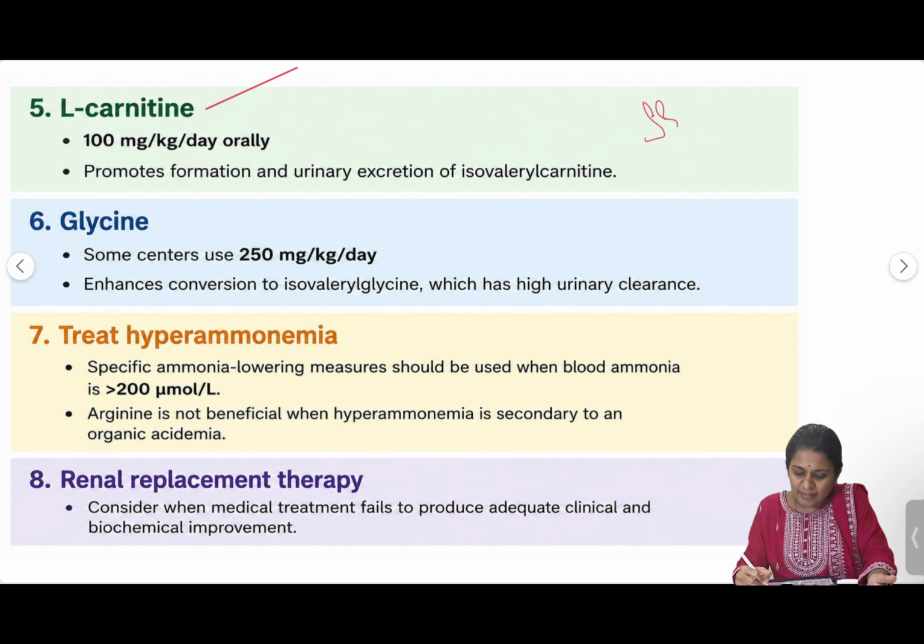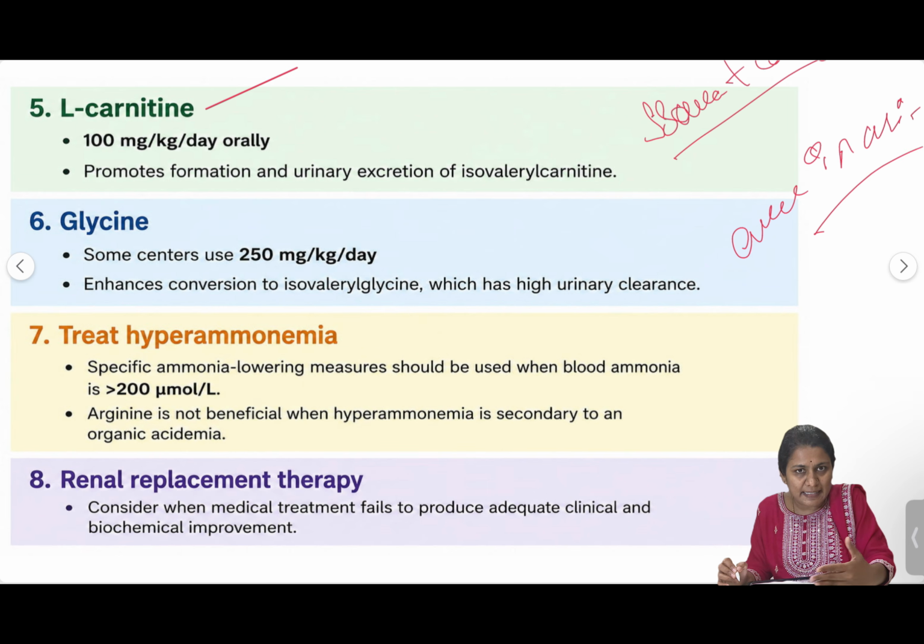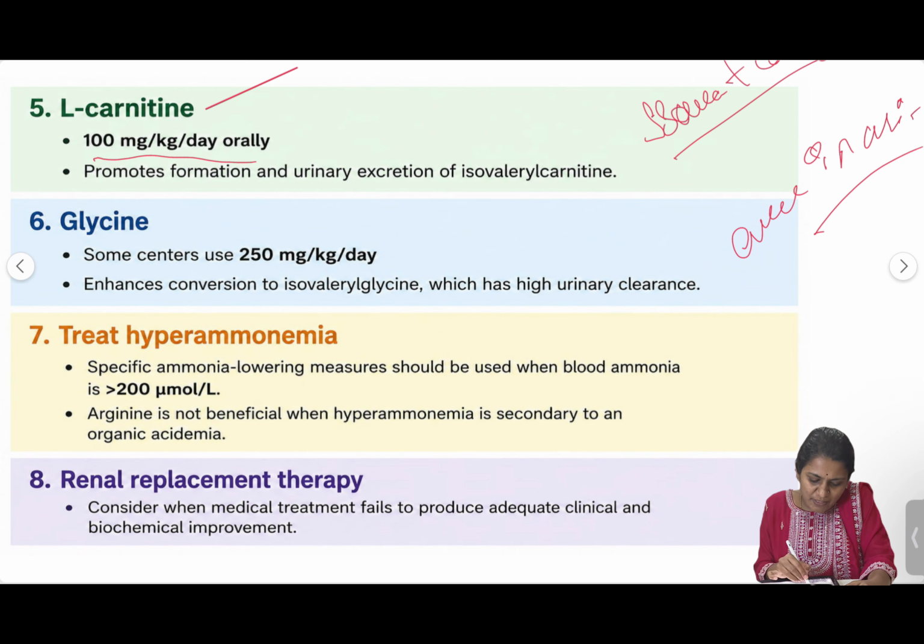Because when isovaleric acid is formed, it combines with carnitine to form isovalerylcarnitine, which is excreted in the urine. So carnitine is a scavenger, removing the acid from the blood and getting it excreted into the urine. So give 100 mg per kg per day oral carnitine.